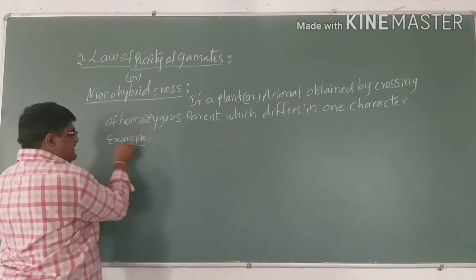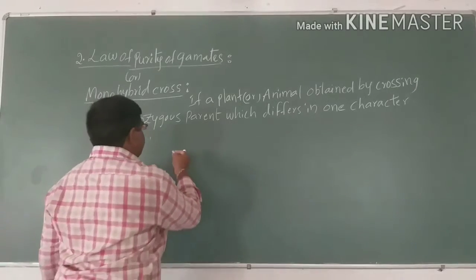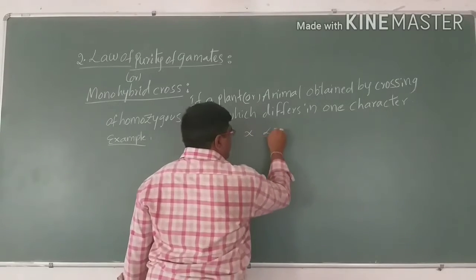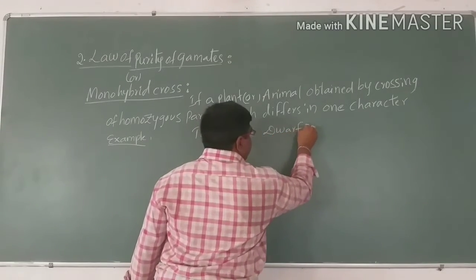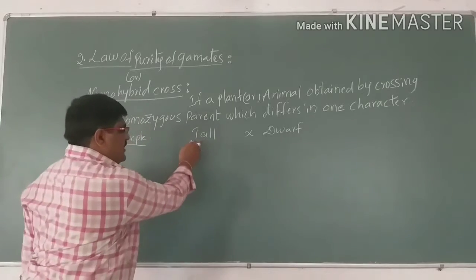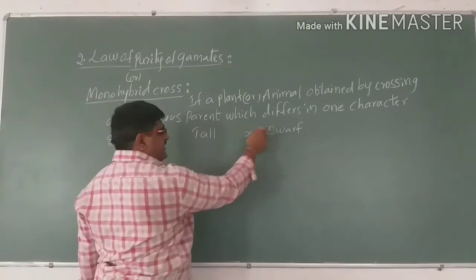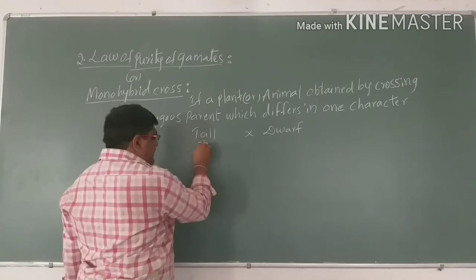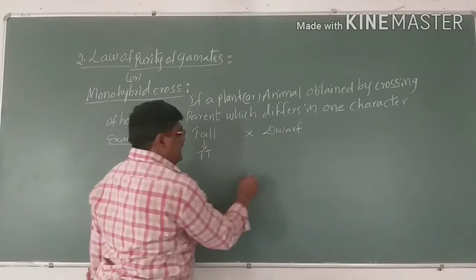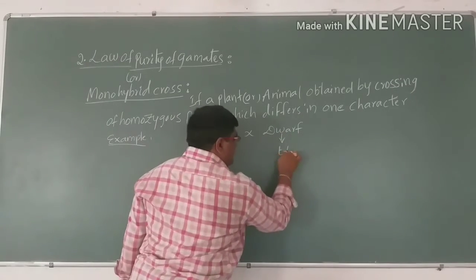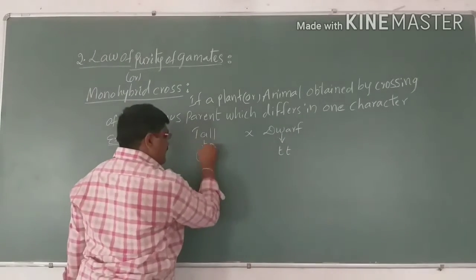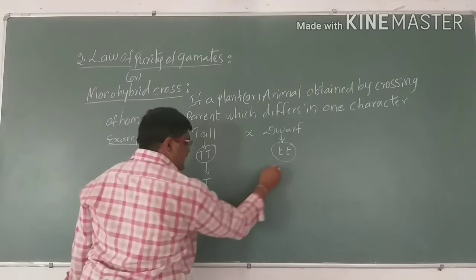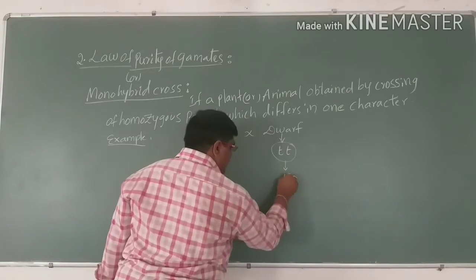So in a monohybrid cross, take an example: two homozygous parents, where one tall character is crossed with a dwarf character. One is a tall character and the other is a dwarf character. This one is represented with capital T, and this with small t, where the gametes produced are capital T and small t.